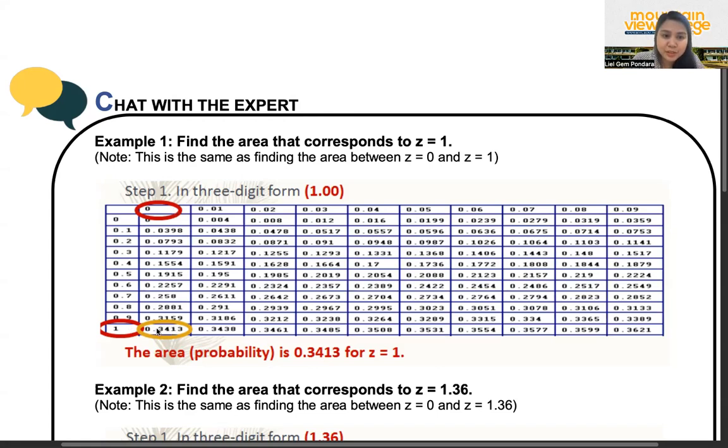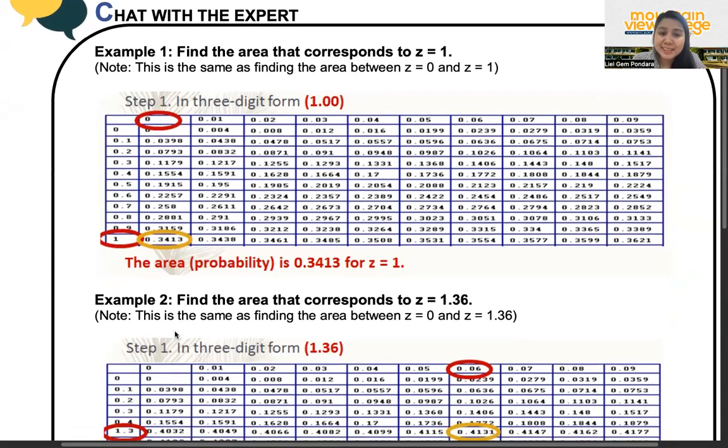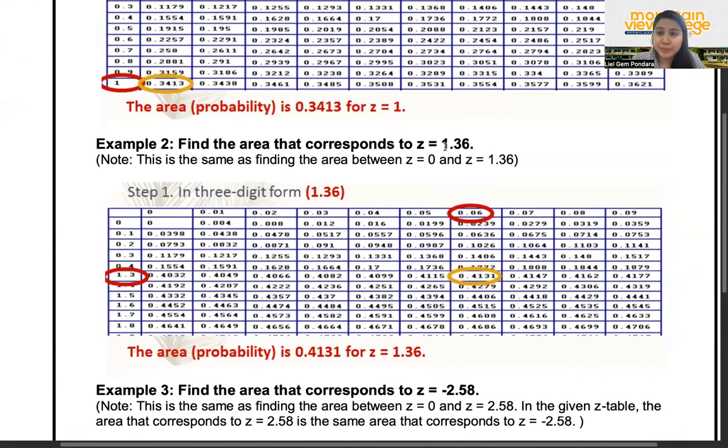Find the intersection. We have 0.3413. The next, 1.36. So 1.3 on the left and 0.06 on top. Their intersection, we have 0.4131.